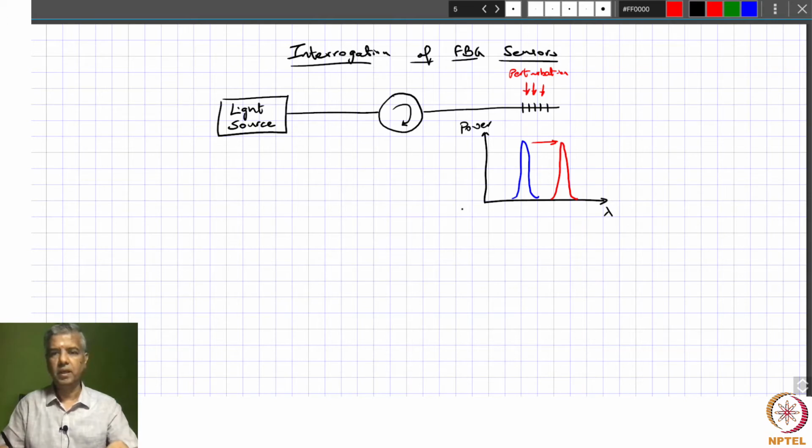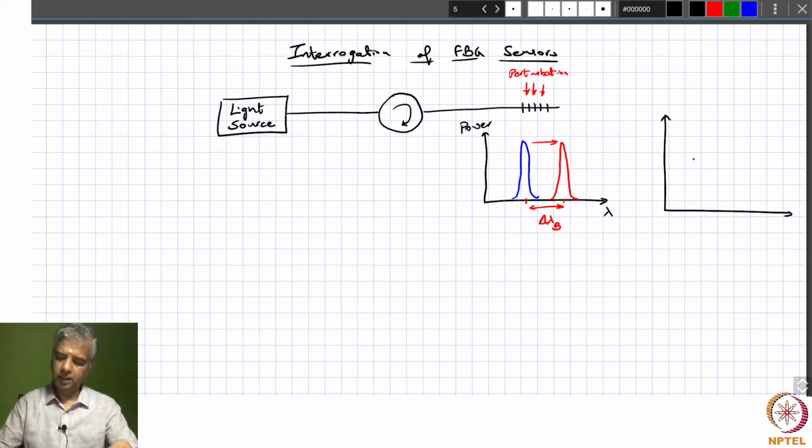So essentially the Lambda B, which was over here, now is changed to this. So what we are typically interested in is this delta Lambda B. Okay, and what does that delta Lambda B show? If you plot, let's say, delta Lambda B as a function of strain or temperature, we expect a plot like this.